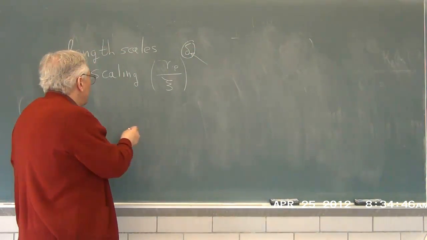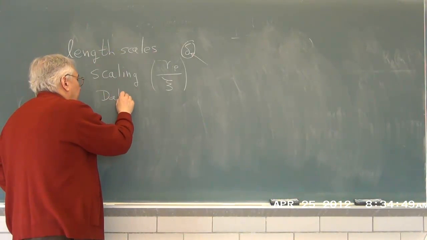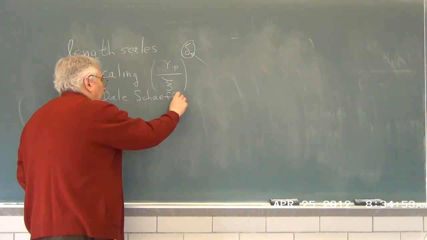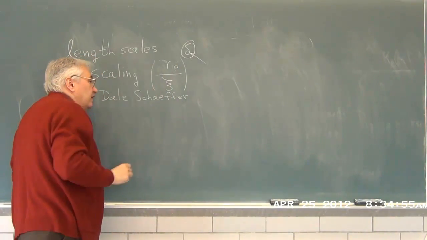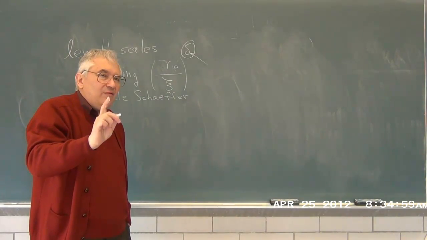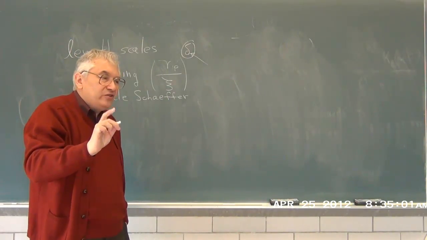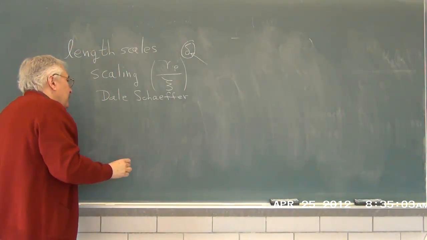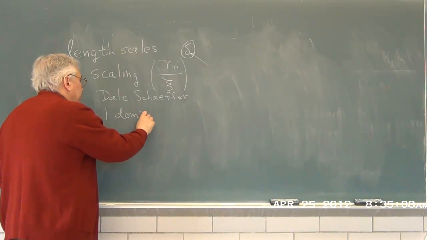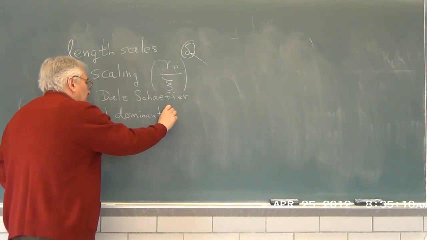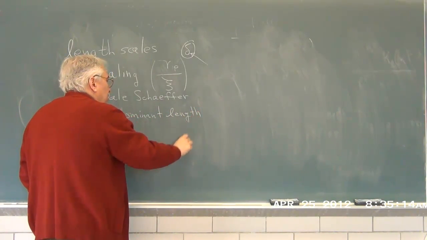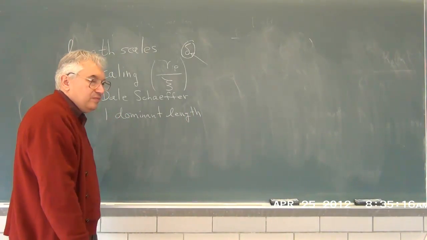And there are some nice papers, for example, by Dale Schaefer, who shows how to do this and get deltas. Very nice calculation. Critical to the statement that I can use scaling laws to derive delta is that there is one dominant length, and whatever the dominant length is, I know what it is.